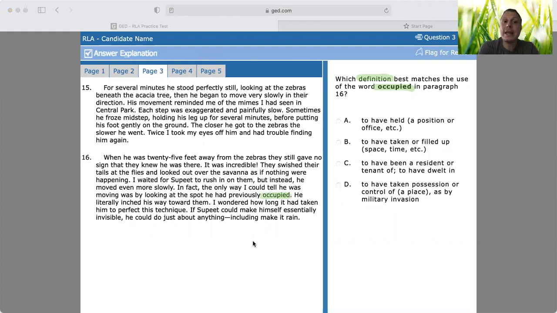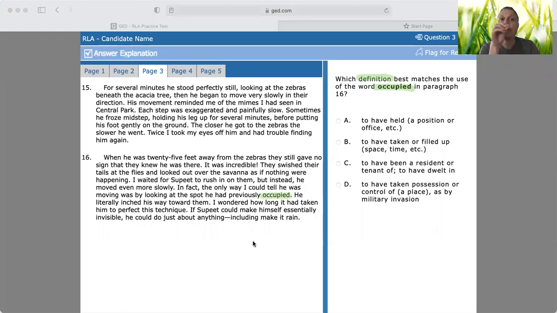And we're going to start reading around it just to understand what's going on, right? So here it says, in fact, the only way I could tell he was moving was by looking at the spot he had previously occupied, meaning he was here one moment and you couldn't tell he was moving unless you focused here.